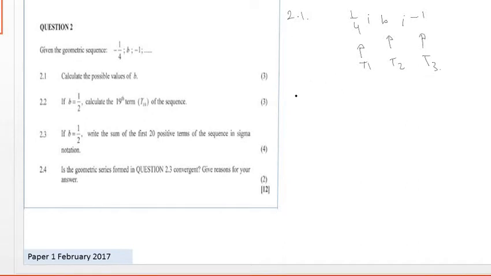So in other words, the common ratio is given by the ratio between two consecutive terms. So we always start with the term that comes after, divided by the previous term. So in that case, we have t2 over t1, and it's also equal to t3 divided by t2.